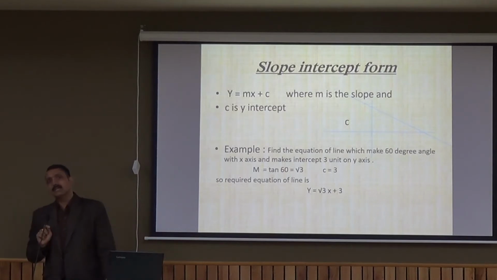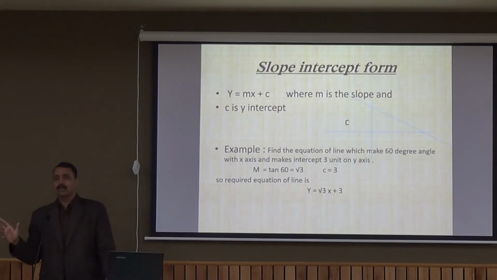And the line is making an angle of 60 degrees, so we can find the slope also. m is equal to tan 60, and we know the value of tan 60 is root 3. So the required equation is y is equal to root 3 x plus 3. This is the direct method which we can use to find the equation of a line.